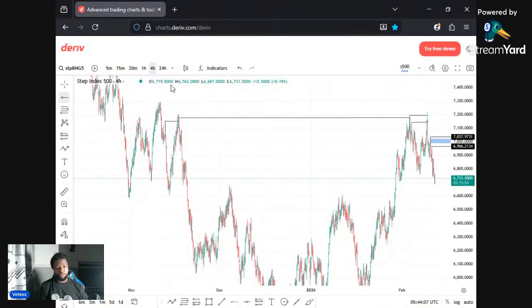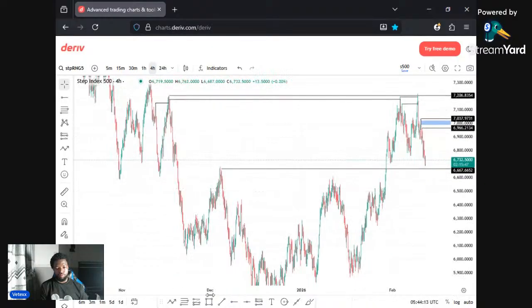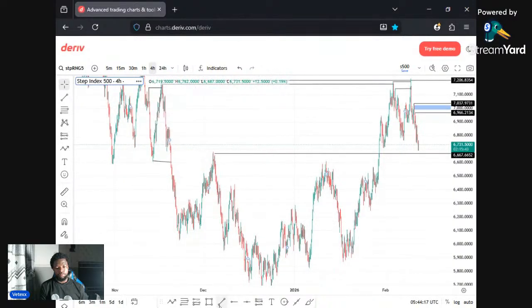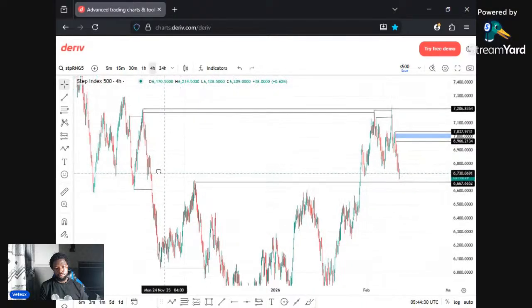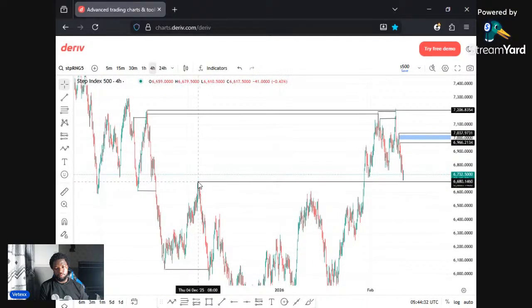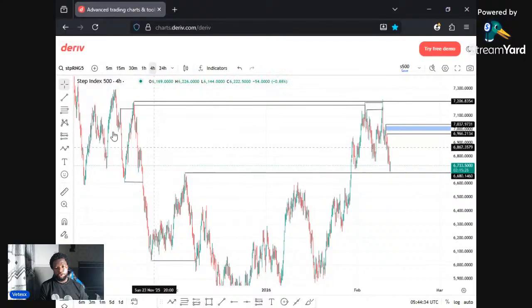This is our protected high. First break of structure, and then we have a second break of structure here. All of this then becomes our point of interest.